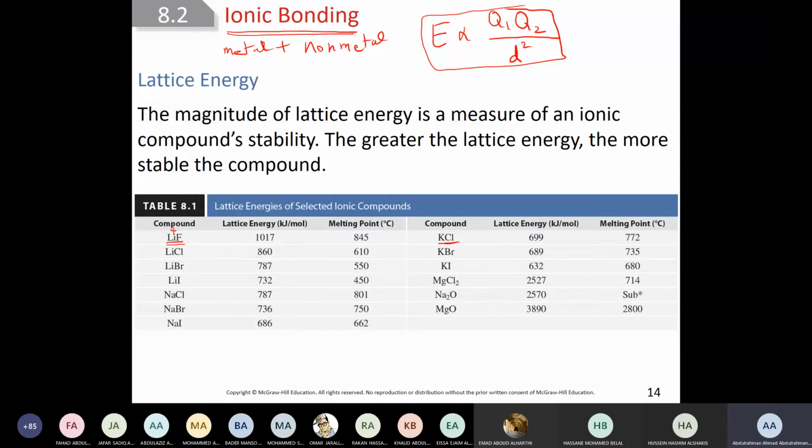Plus one. What's the charge of fluorine? Minus one. What's the charge of K? Plus one. What's the charge of Cl? Minus one. Okay, good. Look at the numbers of the lattice energy. What's the number here? 1017. What's the number here? 699.